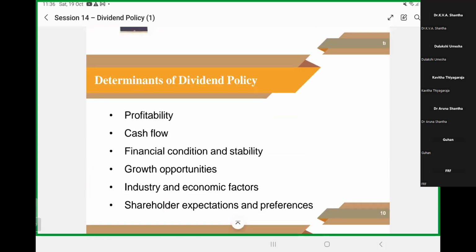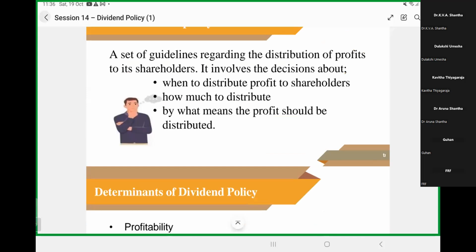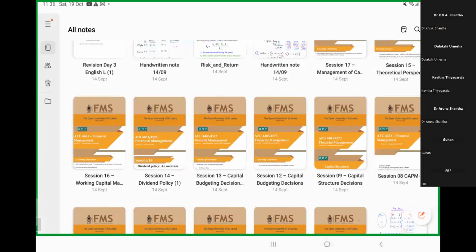In session 15, you learn further about dividend by studying the theoretical perspectives of dividend policy.